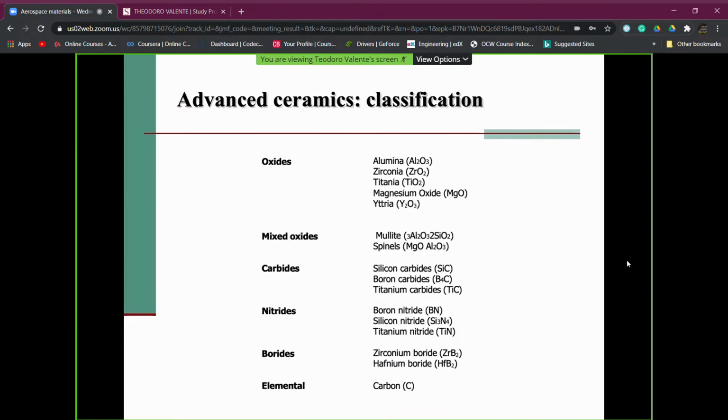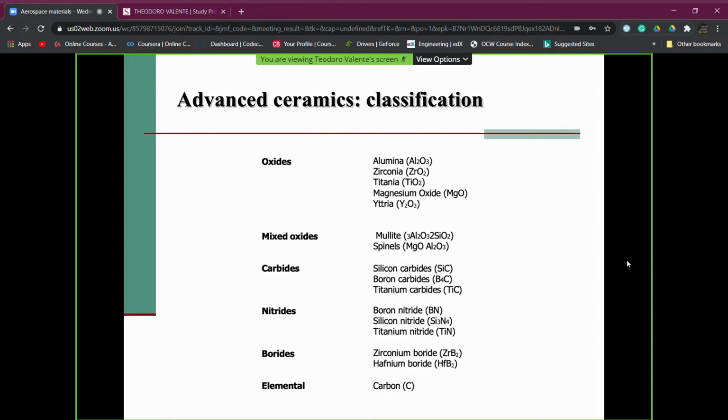We can divide, and we can be quite simple here, the classes of the ceramic materials into, first of all, oxide-based materials. Oxide-based materials means that we do have a metallic element, like, for example, aluminum or titanium, but the non-metallic element is always oxygen.